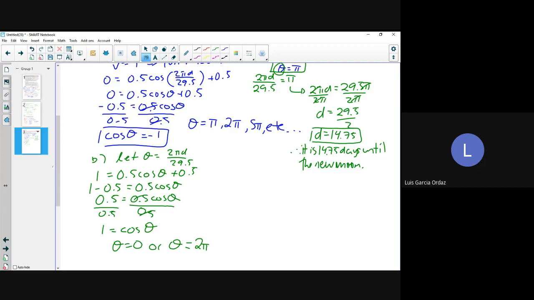So it doesn't matter which one we use. So we'll take theta is equal to 0. So we have 2 pi d over 29.5 is equal to 0. Obviously, when we cross multiply, we get 2 pi d is equal to 0. Divide both sides by 2 pi, you get d is equal to 0. So that means from the very start, there is a full moon.